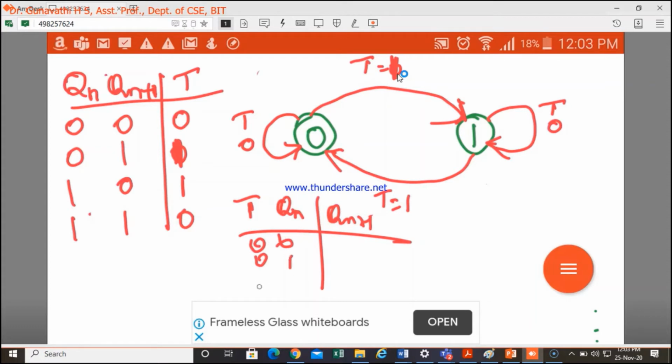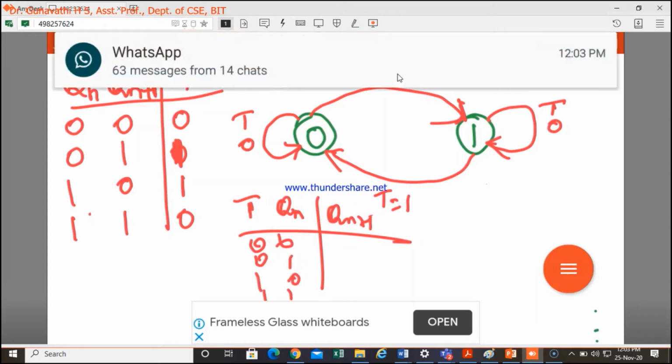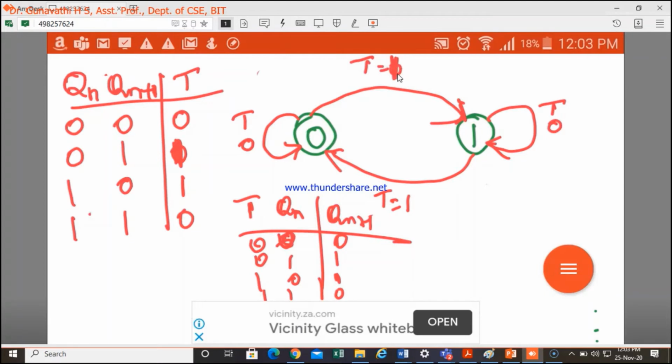So 0 0, 0 1, 1 0, 1 1. 0 0, it's a previous state, and 0 and 1, it's a toggle, 1 and 0. Yes, 0 to 0 transition it is 0, 1 to 1 transition it is 0, 0 to 1 transition it is 1, 1 to 0 transition it is 1.